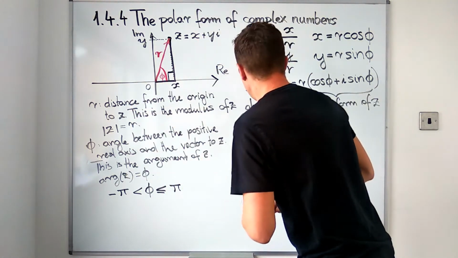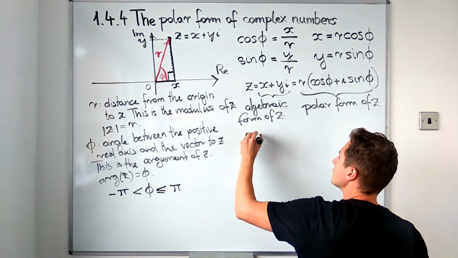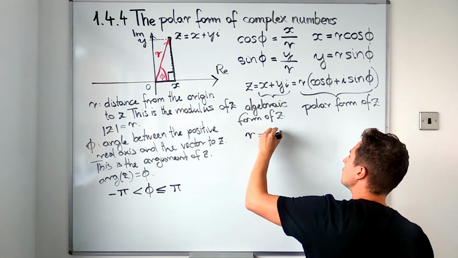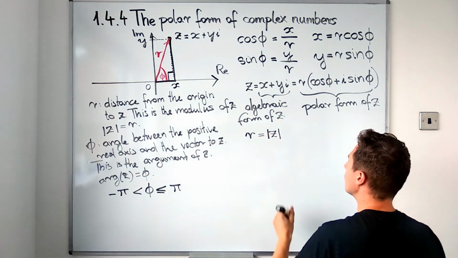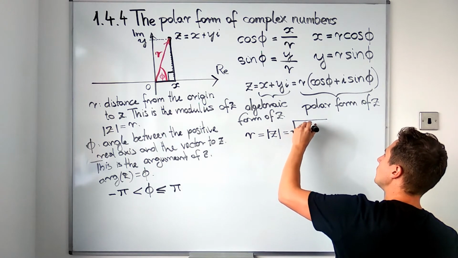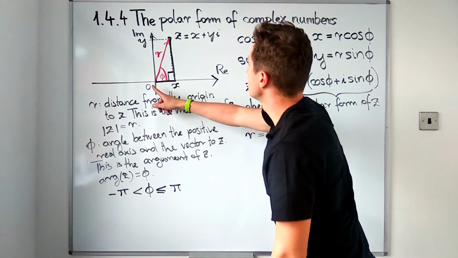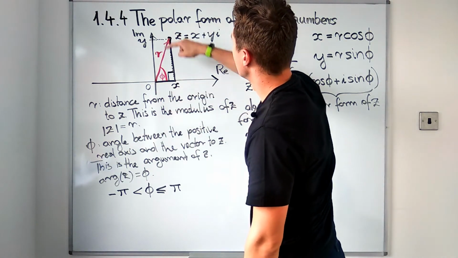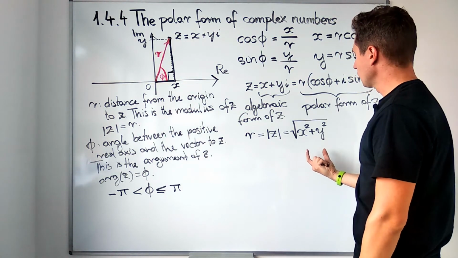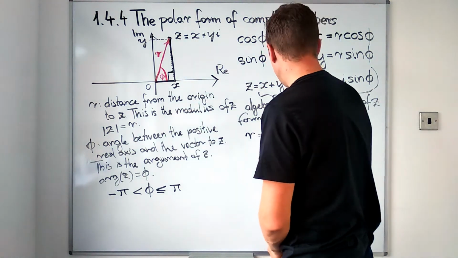So the Pythagorean theorem can be applied to find and express r, the modulus of our complex number, as the square root of the squared sum of the real and imaginary parts. Okay, so in that right triangle, these sides have length x and y, their squared sum under the square root should give us the length of the hypotenuse.